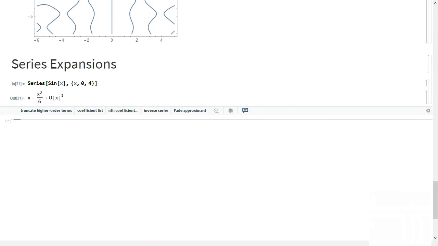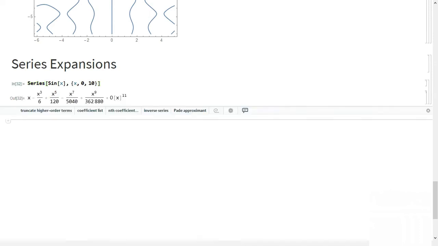So the first one is 1, second one is 3, the third one is 5, and since I have truncated my series when the power of x is 4, you can see that there is an O of x to the power 5. This means order of 5 and higher. So these terms are not there.